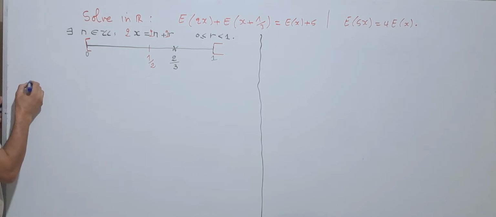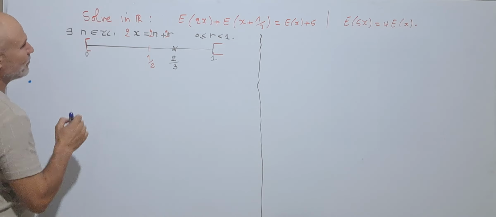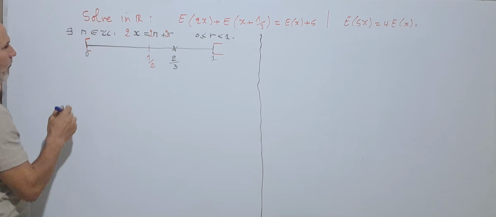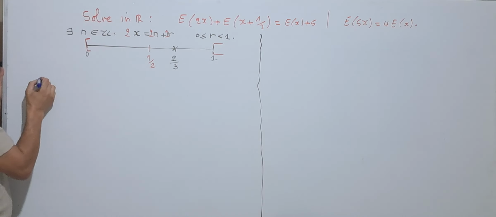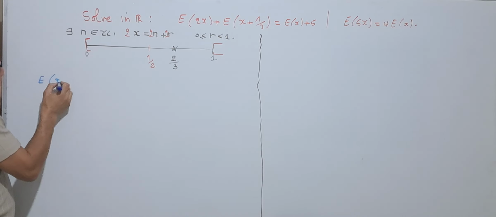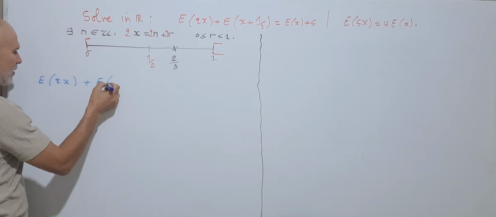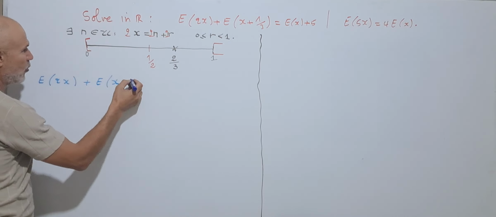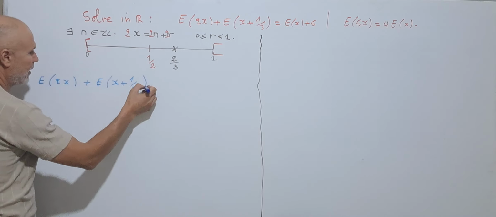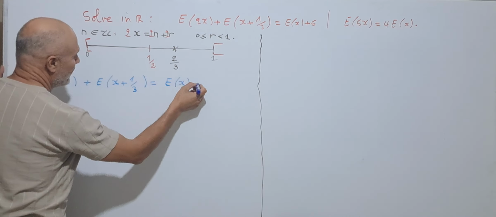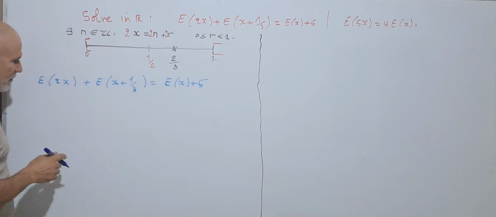So the first case. This equation takes the form: integer part of 2x plus integer part of x plus 1 over 3 equals integer part of x plus 5.